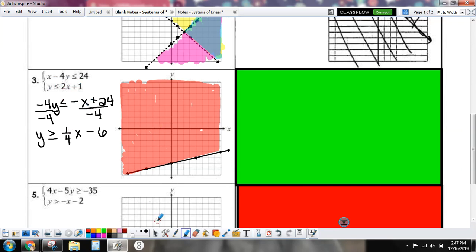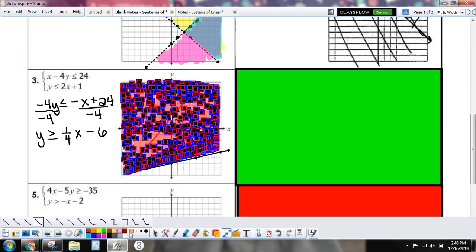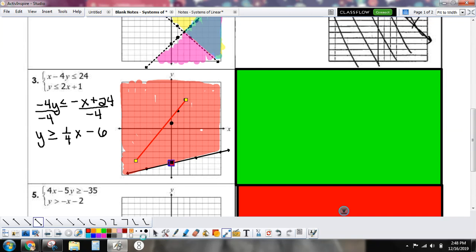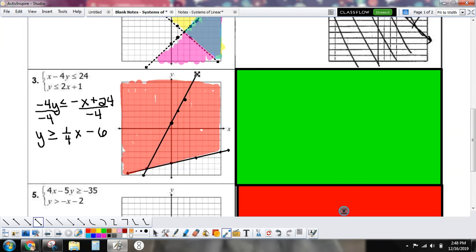y is less than or equal to 2x plus 1. So I'm going to go up to +1, and then go up to the right one, up to the right one. Okay, and then I'm going to draw my line. This is, again, an underline, so I can go ahead and just draw my line. And then it's less than.